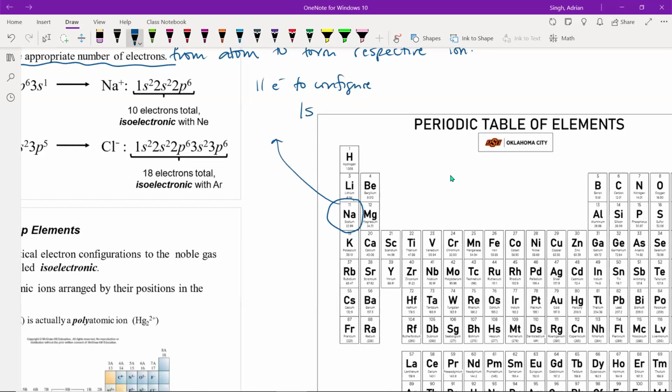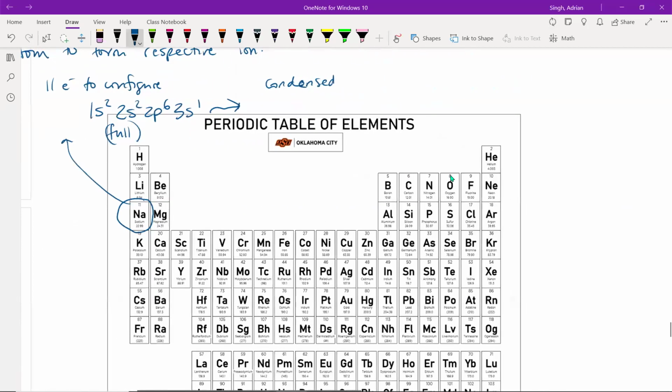So we start with a 1s2, we go to the 2s2, 2p6, and then we have our 3s1. Okay, so that's the full electron configuration, or we can write the condensed form. So we find the noble gas that came before it. So we backtrack a second. Noble gas before sodium is neon. We put that in square brackets. Okay, and then that takes care of the first 10 electrons, and then we have the remaining 3s1.